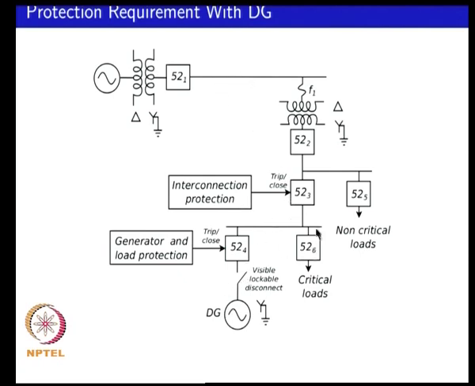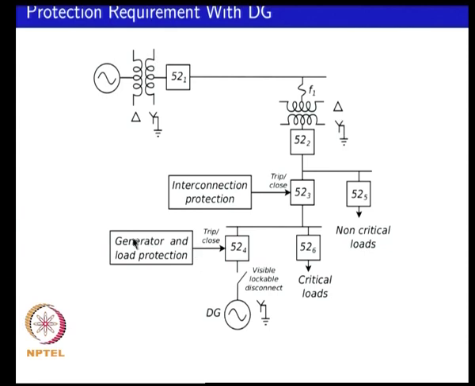Then you have an interconnection between your DG and your mains, and then you would also say, for example, open the breaker 52.3 to be able to provide power to your critical loads in case your grid is, for example, gone down. Okay.